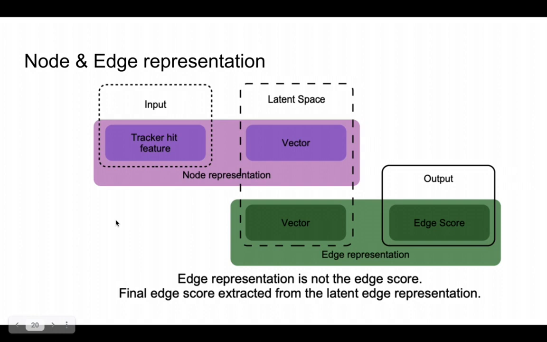Quite naturally, this edge classification problem can be described as a graph problem to solve. In order to solve this problem, a node representation can take the input attributes, and an edge representation can take the latent space vector and map it to the output. Then finally, the edge score, which is built based on the latent space features, can be used to identify the correct edge.